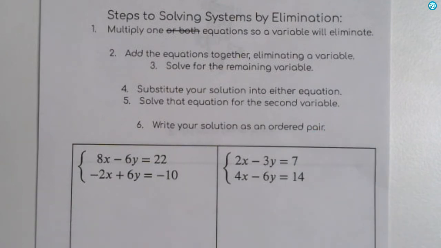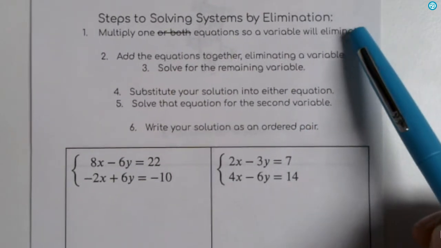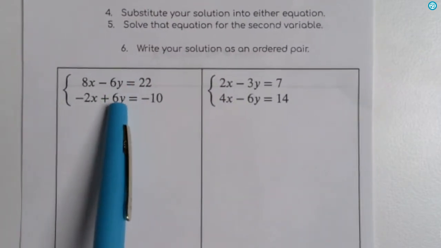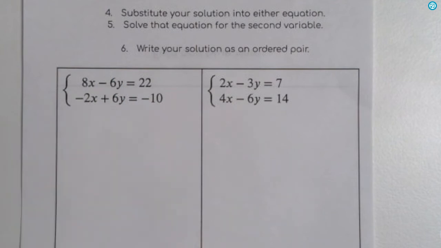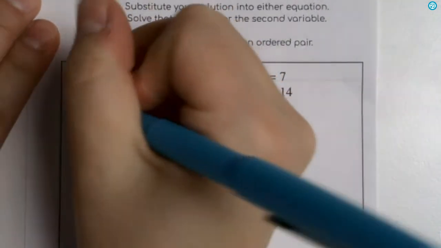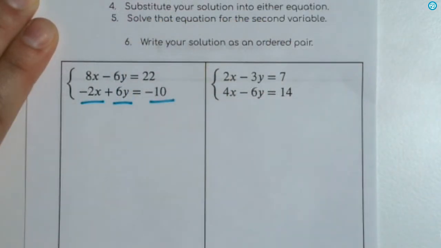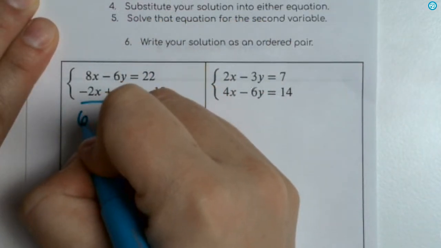So going down to look at our first example, step 1 is actually already done for us. Because on our first example, we have -6y and +6y here. So what we're going to do is just add straight down, just like a vertical addition problem. So we do 8x minus 2x, that is 6x.